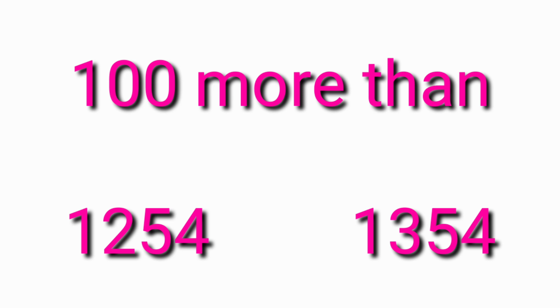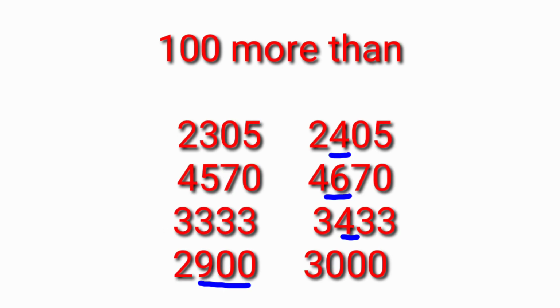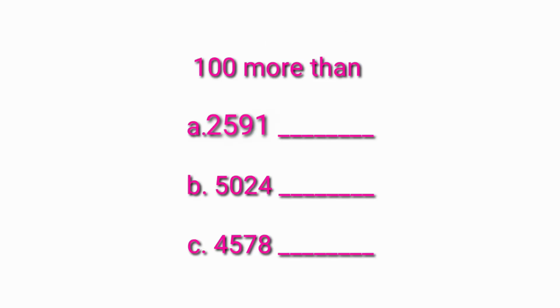To find 100 more than a number, add 1 to the digit at the hundreds place. Look at these examples. Look here, 100 more than. The first number 2591.